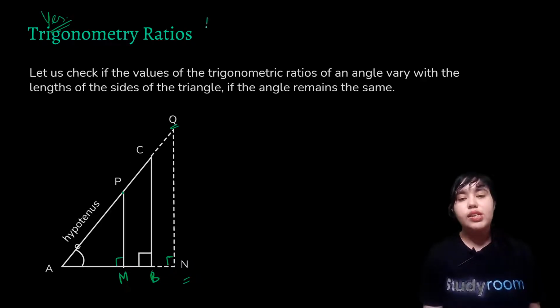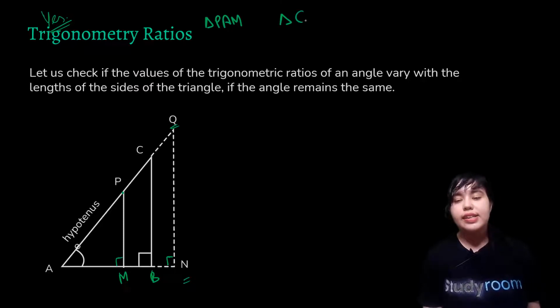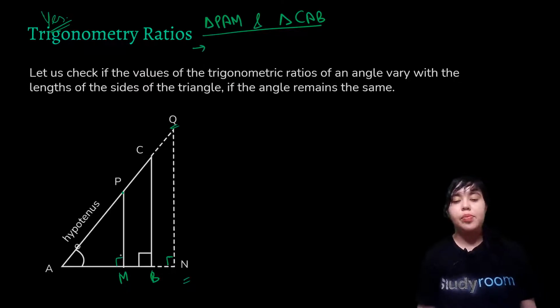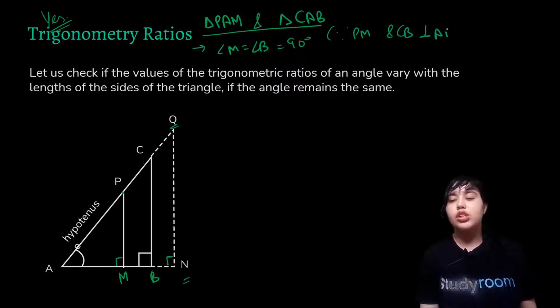So first of all, let's look at triangle PAM and triangle CAB. What do you notice over here? That angle M is equal to angle B is equal to 90 degrees, obviously because PM and CB are perpendicular to AB. Then angle A is common to both the triangles.